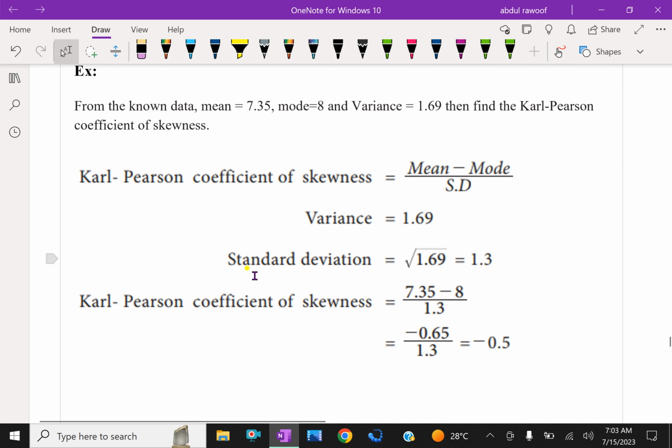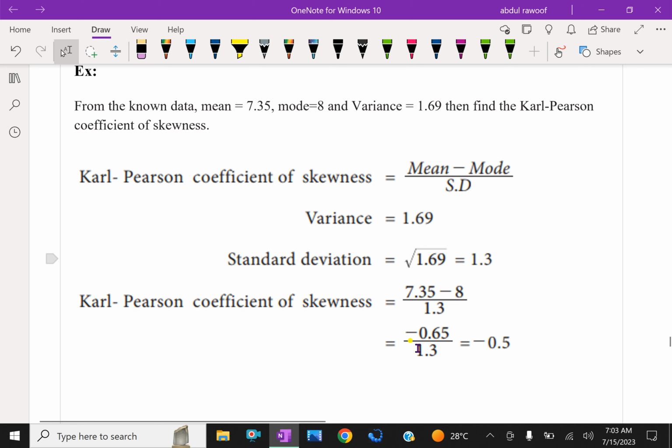Standard deviation is the square root of variance, that is square root of 1.69, which is 1.3. Now apply the values in the formula: mean is 7.35, mode is 8, over SD 1.3. So it gives minus 0.65 over 1.3, equal to minus 0.5.